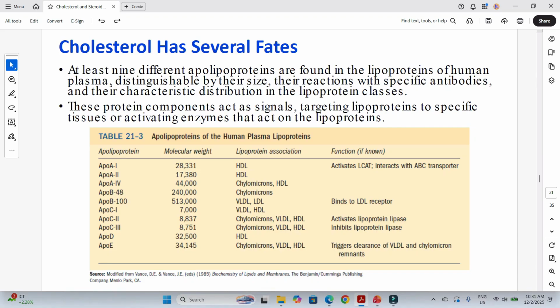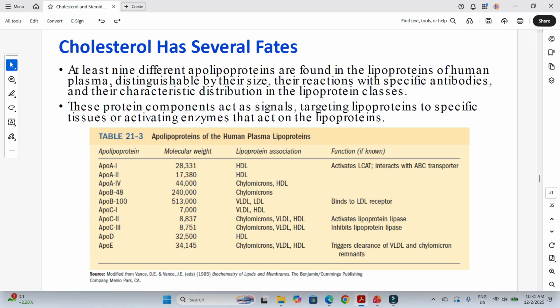Now, these protein components, the apolipoproteins, act as signals targeting lipoproteins to specific tissues or activating enzymes that act on the lipoproteins. It's important to take note of that because remember, lipoproteins serve as vehicles. They deliver the cholesterol and cholesterol esters to the target tissues.